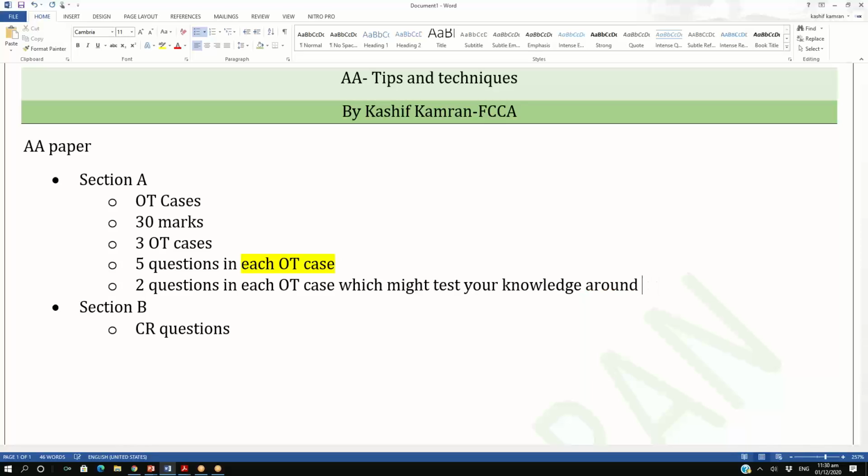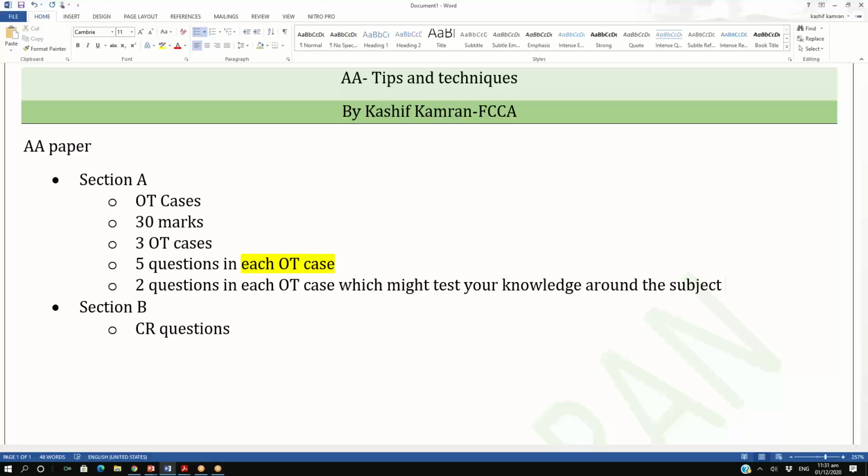For example, there is an OT case on audit risk. Out of the 5 questions under the OT case, there might be 2 questions testing your knowledge of audit risk, like the definition of audit risk, or the definition of inherent risk, or the concept of control risk.